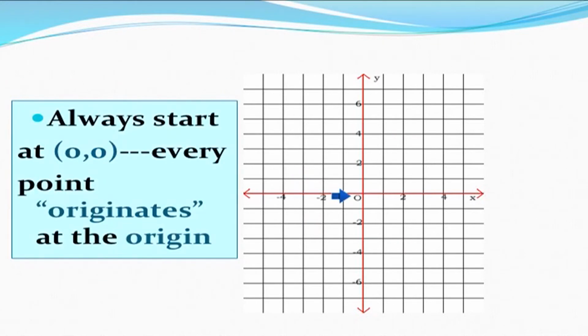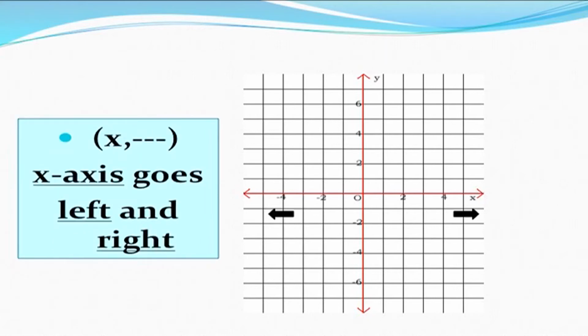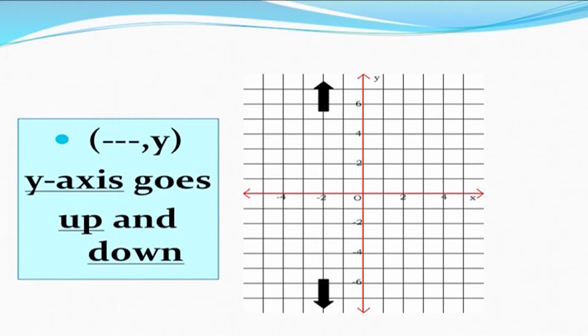When finding coordinates, locating or plotting any point, we always start from (0, 0), or say we originate at the origin. In plotting (x, y), remember the directions of both axes. The x-axis goes left and right on the horizontal axis and the y-axis goes above or below the origin.